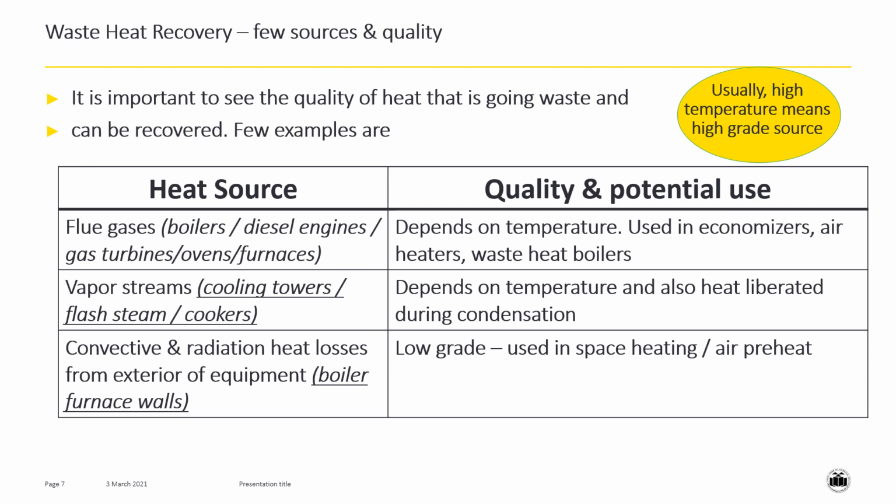Third is convective and radiation heat losses from the exterior of the equipment like boiler furnace walls. Normally it is a low grade source of waste heat and it can be used in space heating or air preheating.